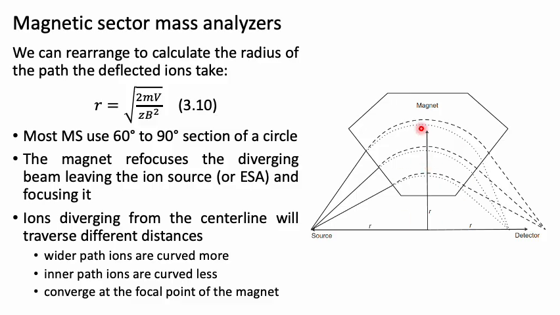Here's just a slightly different way of looking at it. So we have our source, and that source is going to spread out. In our magnet, ions diverging from the center line will traverse different distances. So wider path ions are going to curve more than inner path ions.